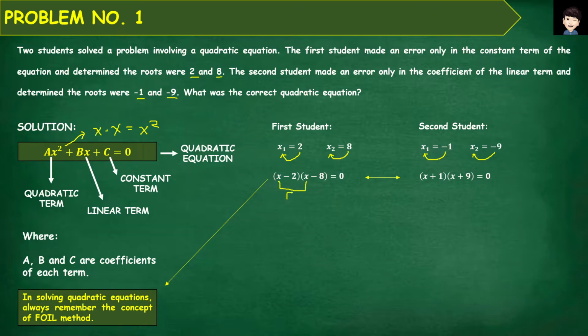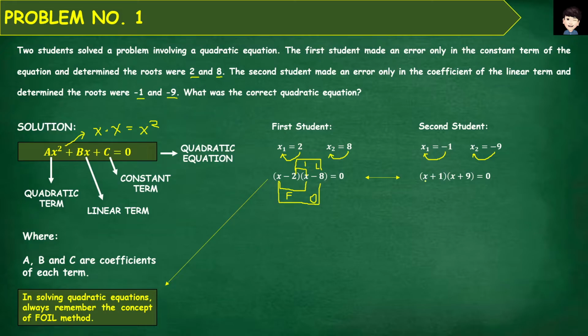I-apply natin yung multiplication later. So for first terms, we have x and x. For outside terms, we have x and negative 8. For inside or inner, we have negative 2 and x. Then for our last terms, negative 2 and negative 8.